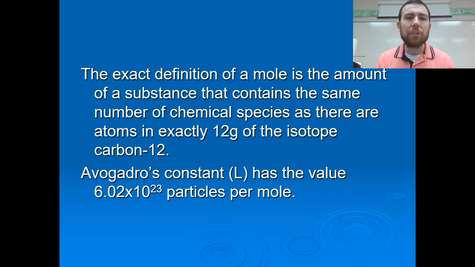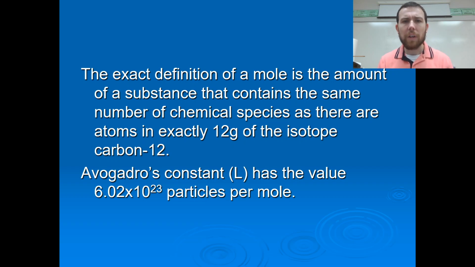Which leads us into Avogadro's constant, L. This has the value of 6.02 times 10 to the 23rd particles per mole. If we tie that back to the definition of the mole, what we're saying is that carbon-12 had 6.02 times 10 to the 23rd particles present in exactly 1 mole.